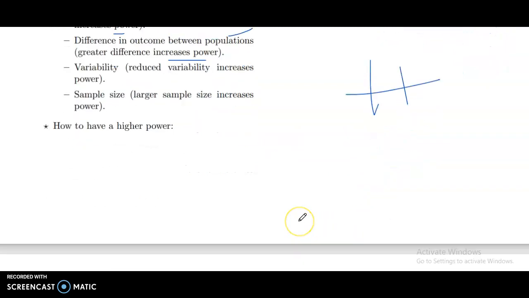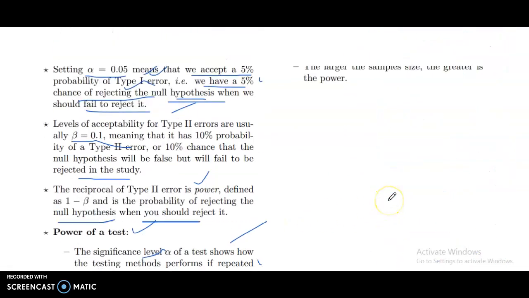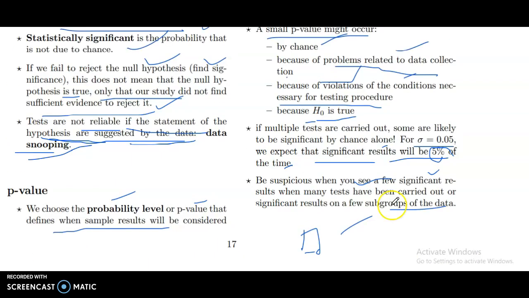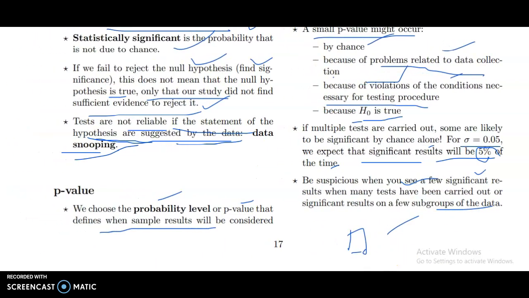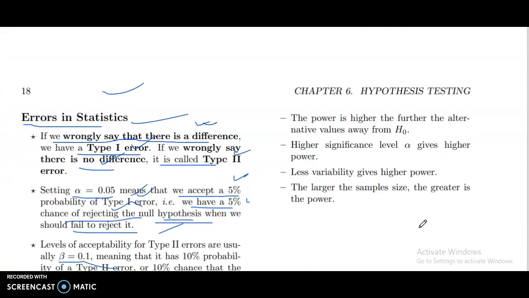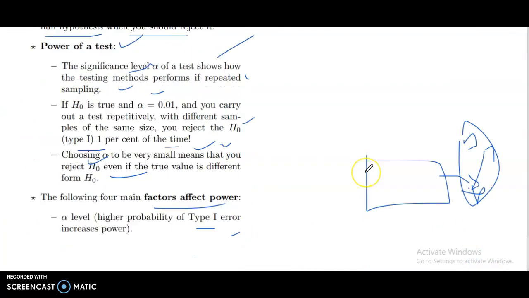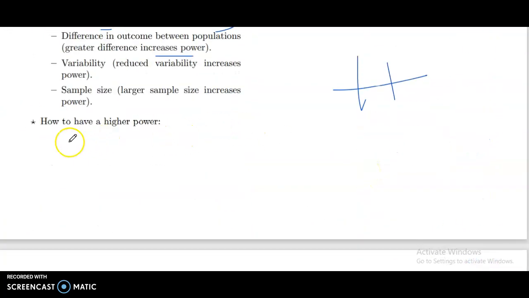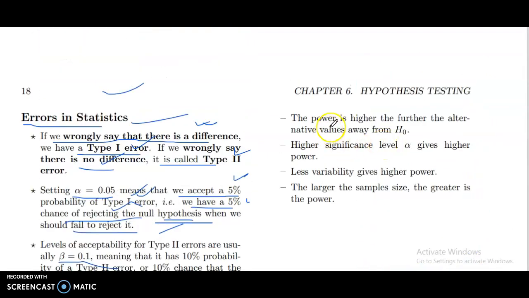How to have a higher power. The power is higher the further the alternative values are away from H naught.